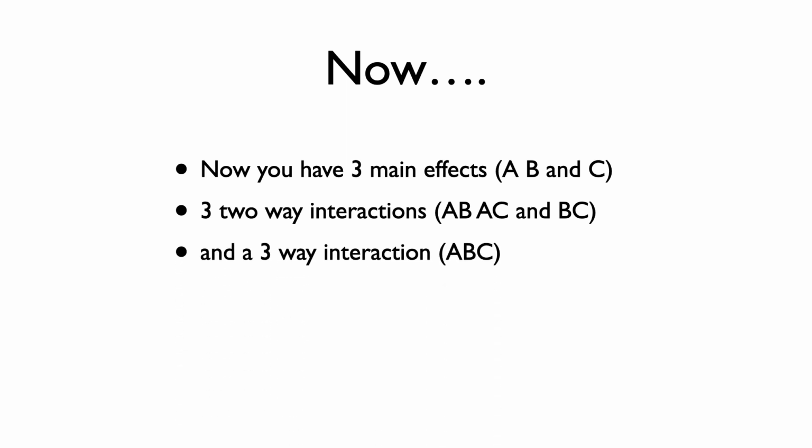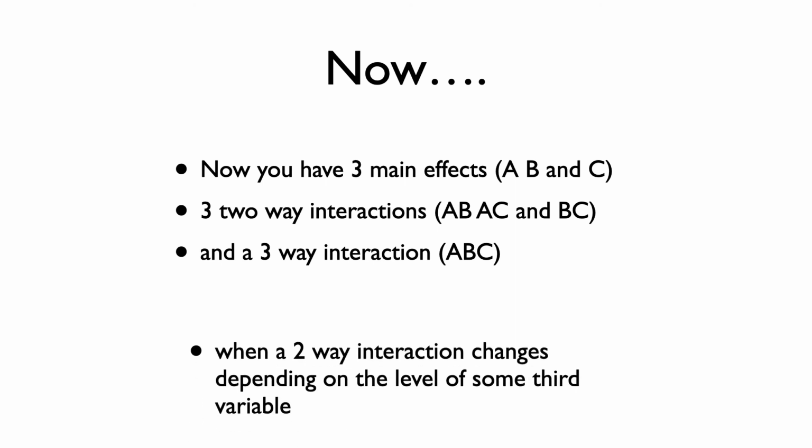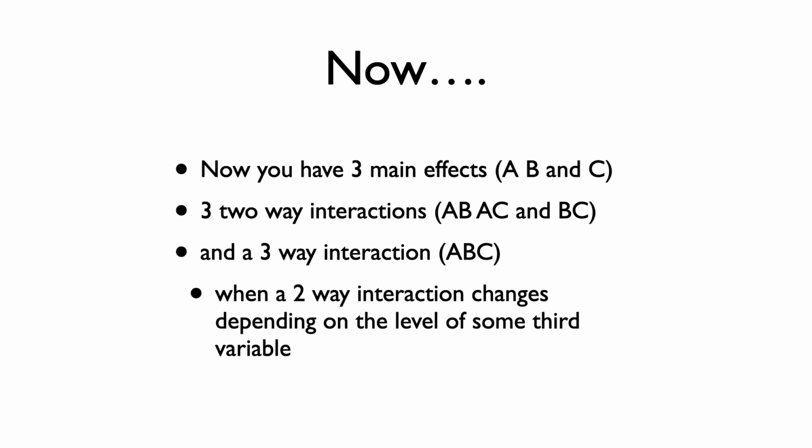So now we have three main effects, A, B, and C. Three two-way interactions, A B, A C, and B C. And we have a three-way interaction, A B C. A three-way interaction is when a two-way interaction changes depending upon the level of some third variable.